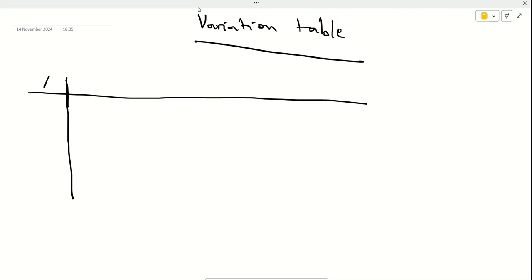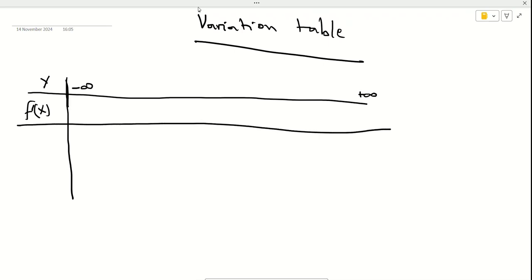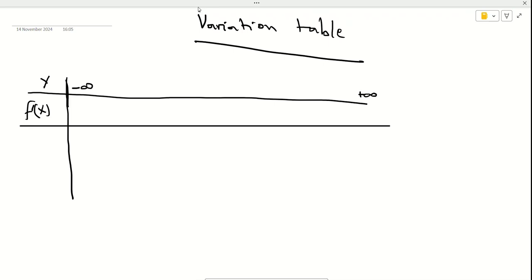So in the variation table, we should have these things. You should have x, and x is defined from minus infinity to plus infinity. And you should have f derivative of x, and you should have the critical points for this f derivative of x. The critical points we found are minus 2 and 0. This is equal to 0 and this is equal to 0.